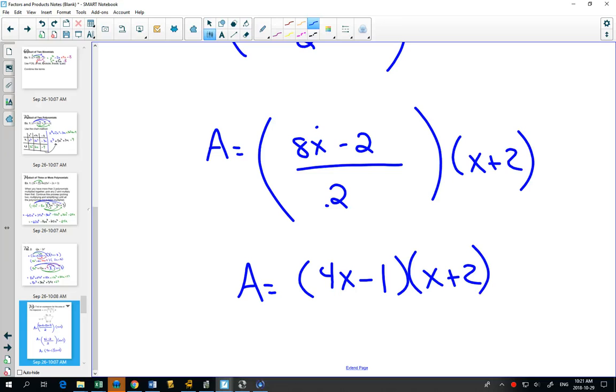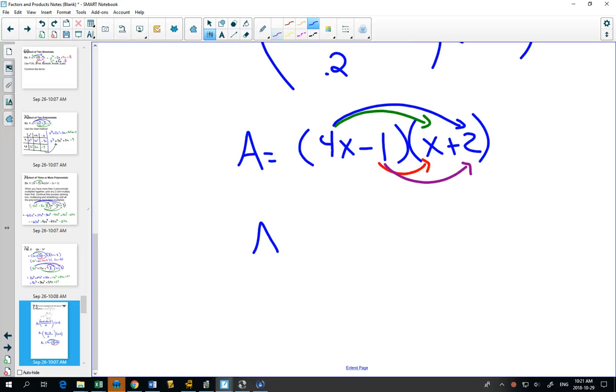And now we have a binomial times a binomial, so we can, oh, wrong color. Man. We can FOIL. And we get our final answer to be 4x squared.